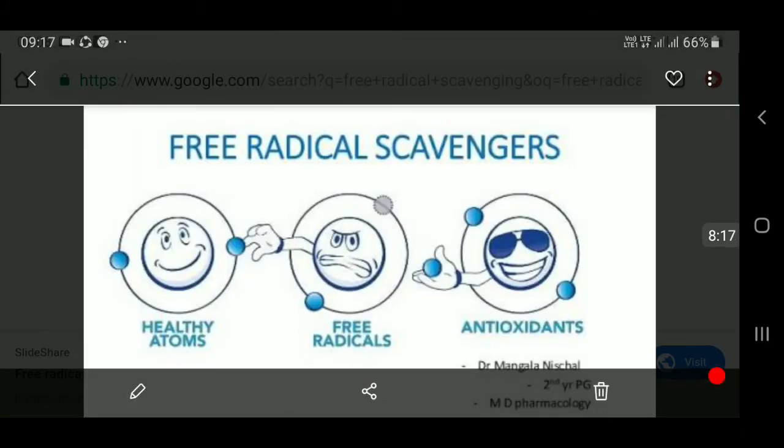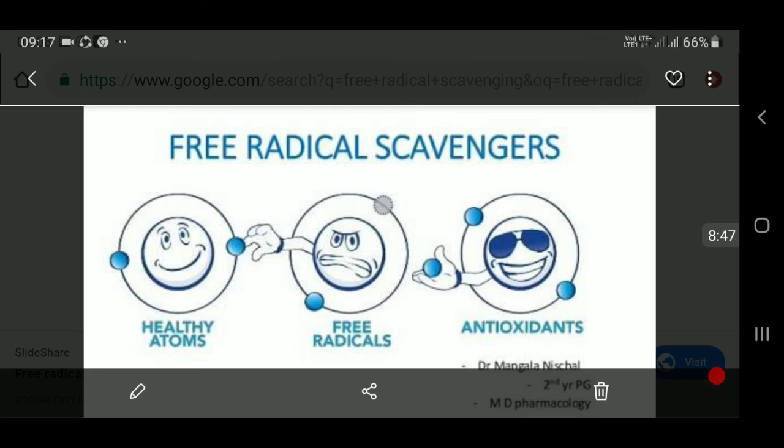So carotene pigments are free radical scavengers. Look at this picture. All these slides I have taken directly from the internet. See here in the center, a free radical is shown, which is trying to grab an electron from healthy atoms and in turn causing damage to our cells.